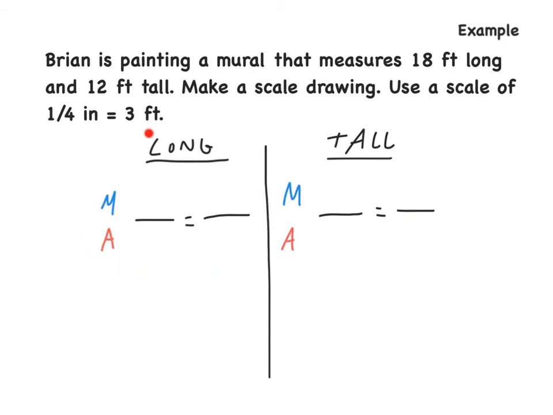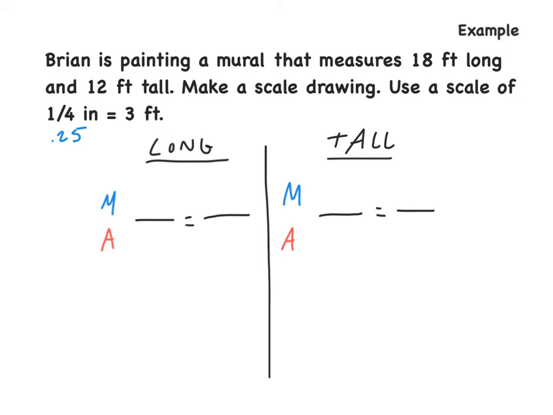So I broke it out. The length is on one side and the height is on the other side. So remember the model information up on the top. I'm just going to convert this 1/4 into a decimal, just because decimals would be easier to work with when we're dealing with proportions.